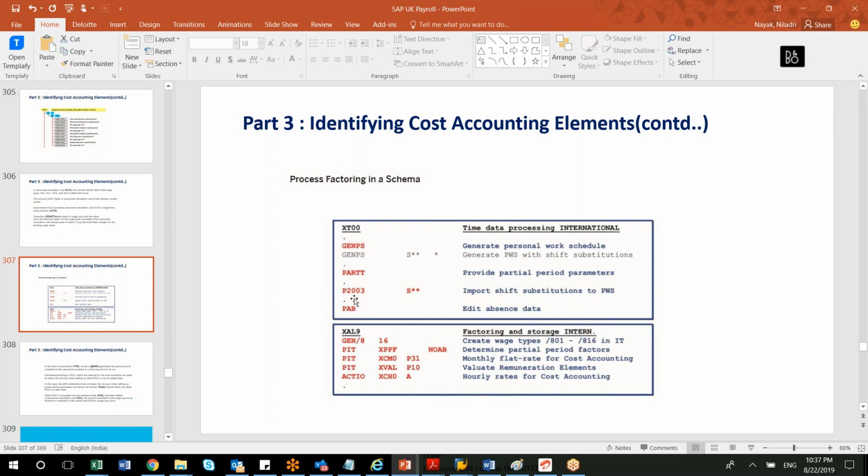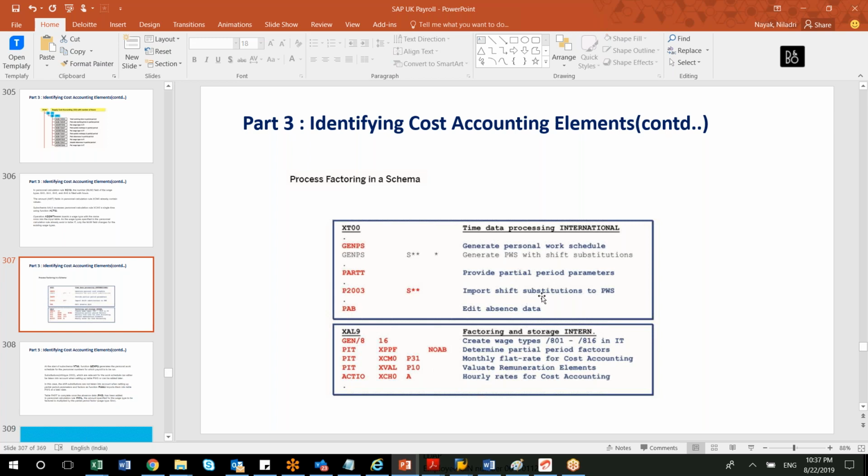And there is another function called P2003, which you can use for substitution. Suppose there is any deviation in your work schedule for a particular period, say 5 days or 7 days, and in between one day you have a different schedule. Input type 2003 is responsible for doing all kinds of substitution.